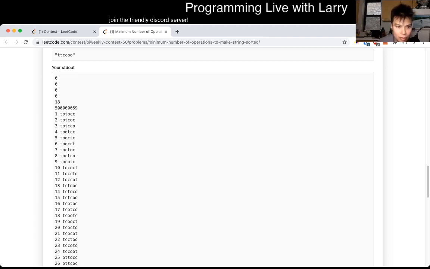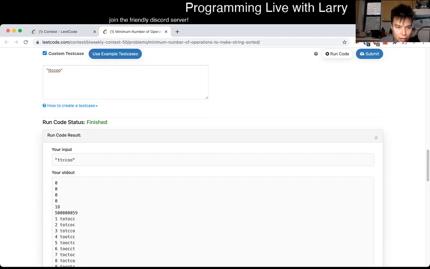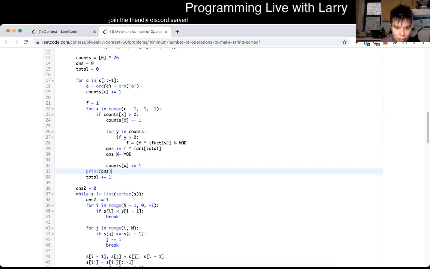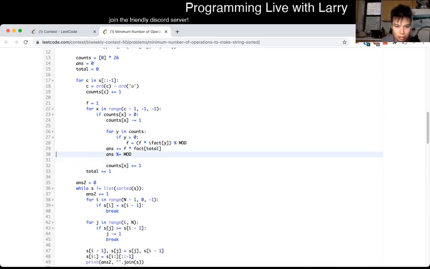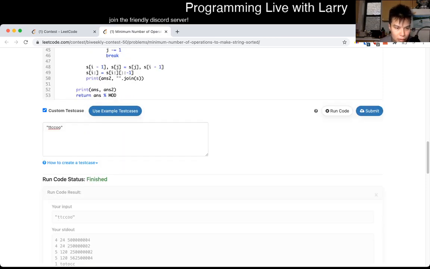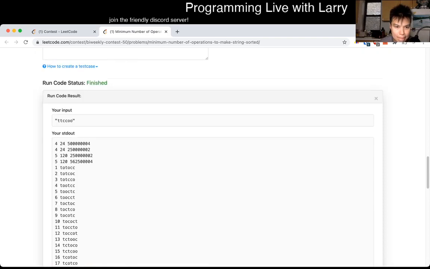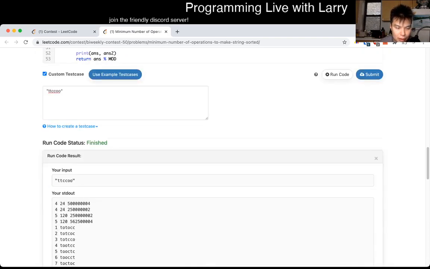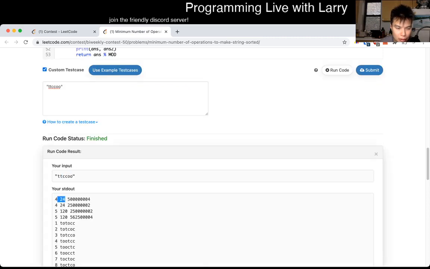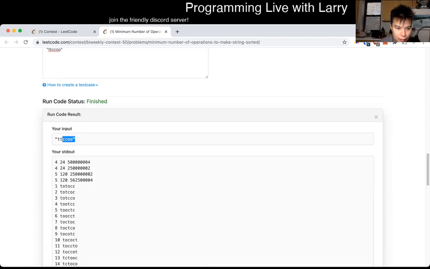So, okay, so this first 4 is fine. Yeah, and then now this is 4. Yeah, that looks like that would make sense.